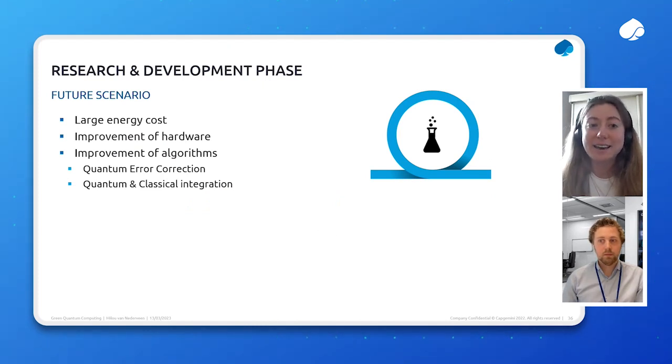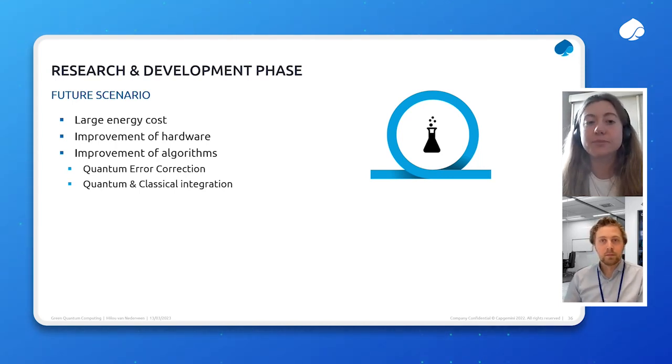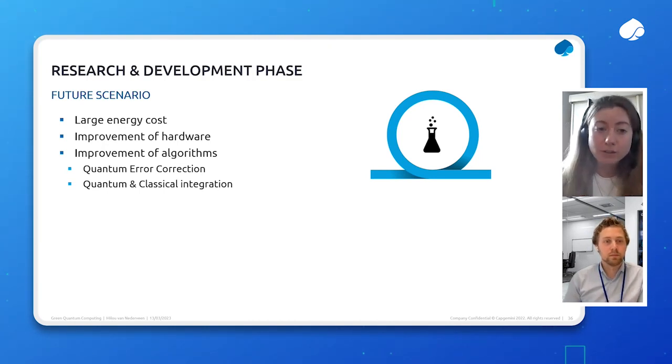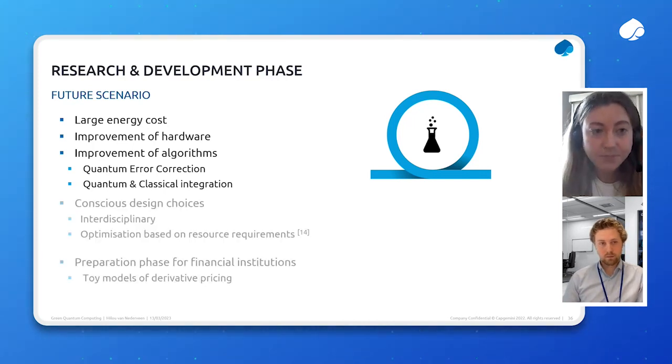It has very high energy costs, but at the same time, there's going to be a large improvement of hardware and algorithms to decrease this energy cost and to make this quantum speed up possible. In terms of the algorithms, the most improvement is required for quantum error correction and the quantum and classical integration or trade-off that we've talked about. And this will, in the end, have the largest effect on decreasing the energy consumption.